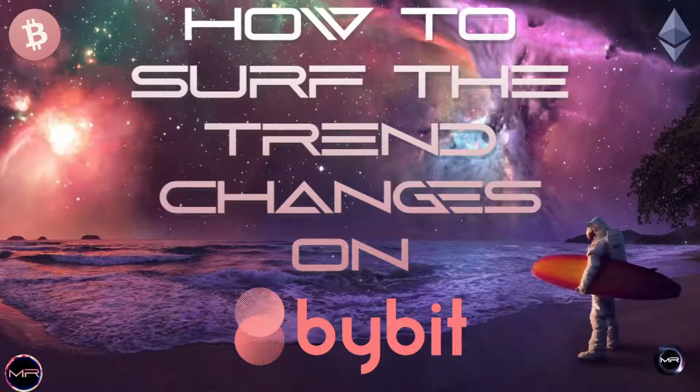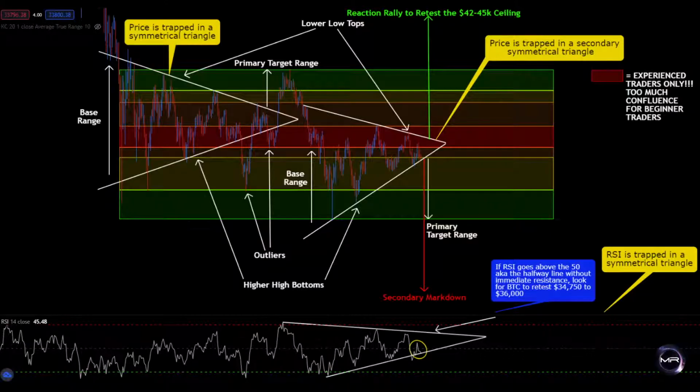So, some of you probably ask, what does he mean by surf the trend changes on Bybit? Well, if this astronaut can do it, and Mystic Rick can do it, so can you. What you're looking at here is a little something I put together back when I realized that there was a phenomenon going on.